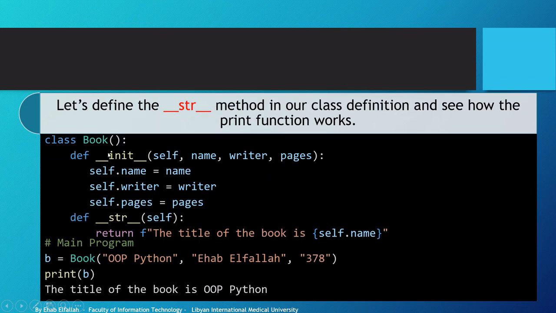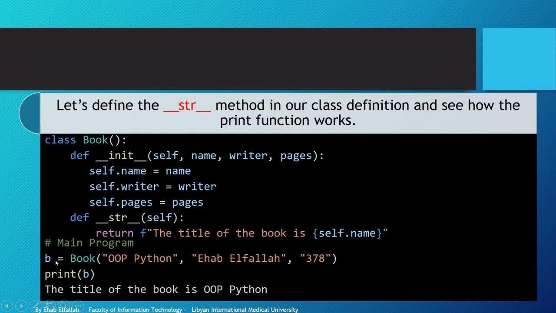For example, here we defined an str special method, and we can print anything we want from this class. Here the str function returns "The title of this book is" and then self.name, the book name from the attribute.